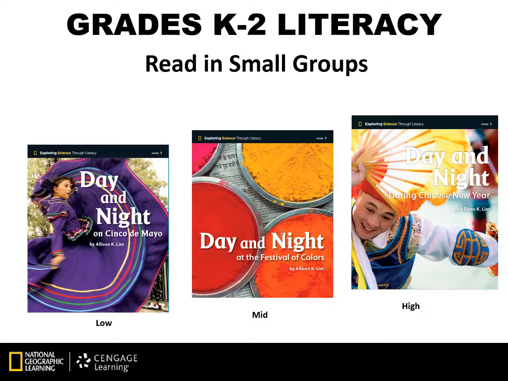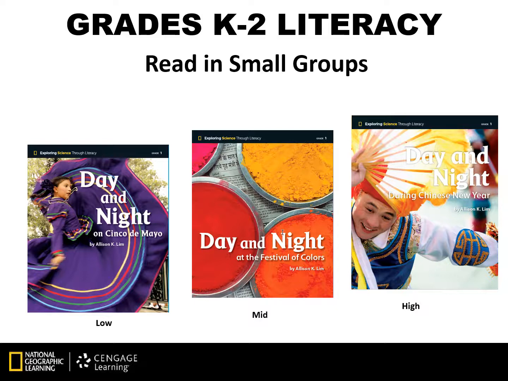In grades K through 2, we'll start with the guided reading book. These books are a little larger in size, and there are 3 levels, each written at a different reading level, providing access to content for students with a broad range of reading ability. While the topics of the 3 books are different, they all relate to the same core ideas and offer the same science vocabulary.